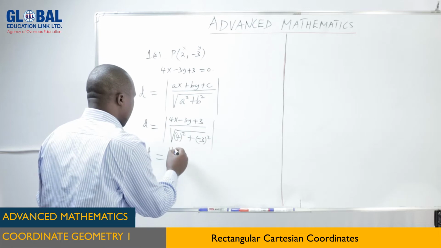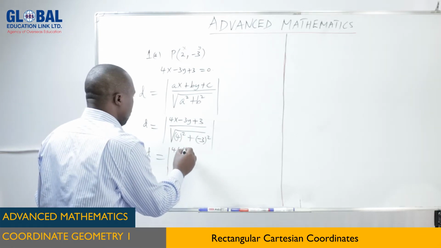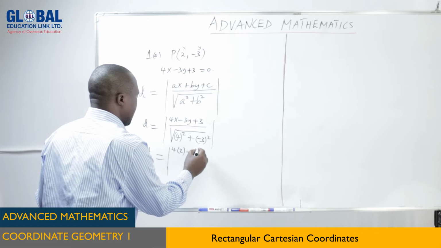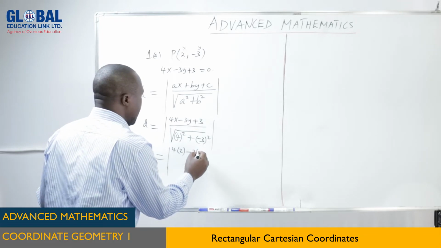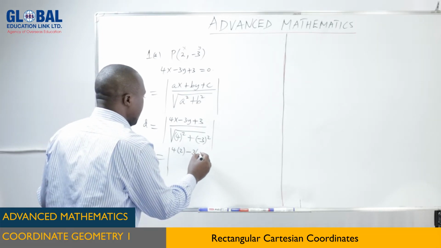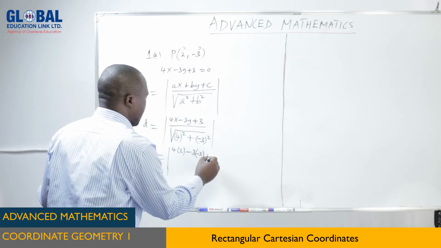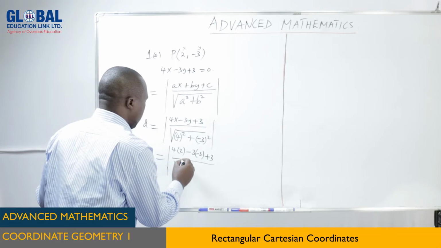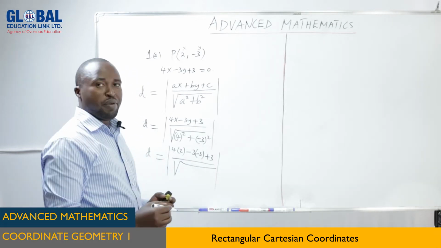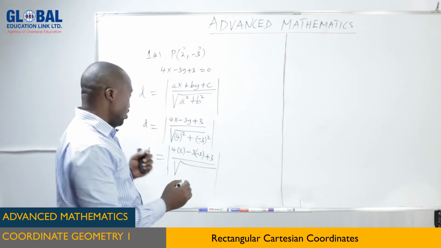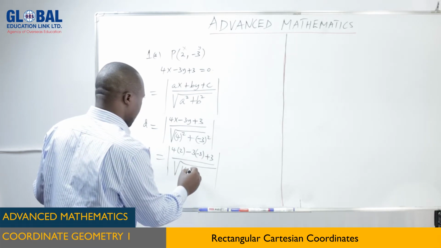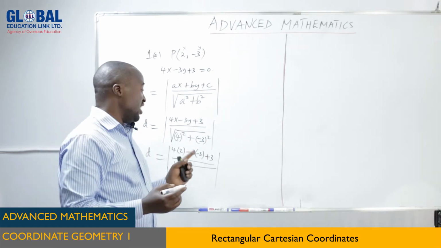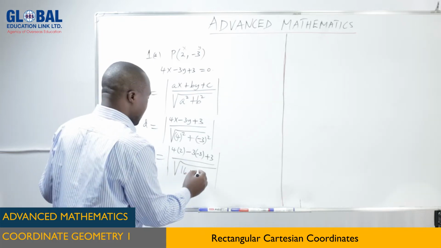We are going to have 4 times 2 minus 3 times the value of y, which is -3, plus 3, over the square root of 4 squared, which is equal to 16, plus -3 squared, that is 9.